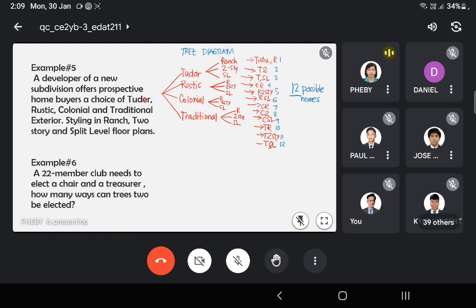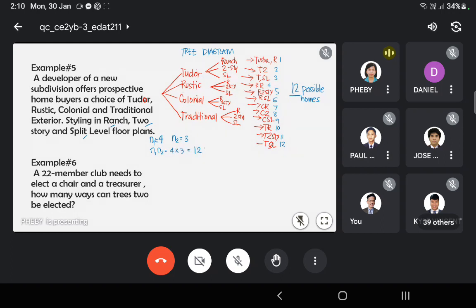But as we use yung ating tinatawag na multiplication rule, so ano ba yung kanyang mga choices? So ang first choice niya or ang kanyang option is to have traditional, rustic, colonial, and Tudor. So meron siyang 4 choices. That is our N sub 1, choice number 1. And after that, our choice number 2 or N sub 2, it's either ranch, two-story, and split level. So 3. So therefore, N sub 1 times N sub 2 is 4 multiplied by 3.